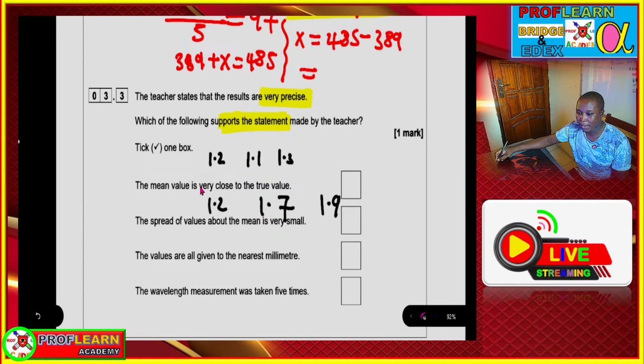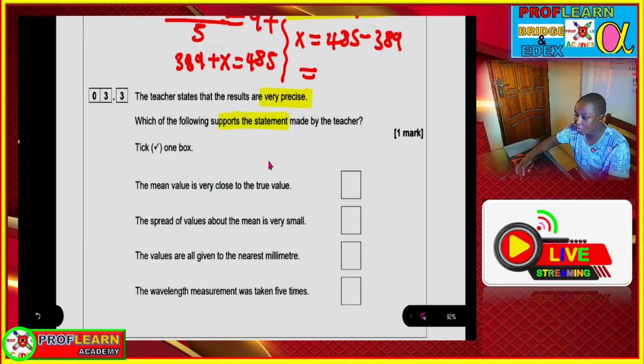So, is the mean very close to the true value? No, when it's close to the true value, it means it's accurate. How close values are to the true value, we talk of accuracy. But precision has nothing to do with accuracy.